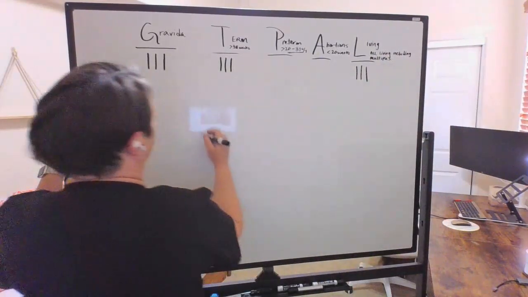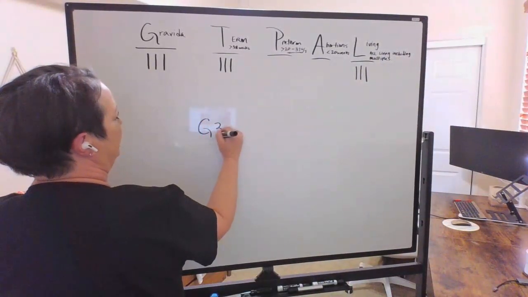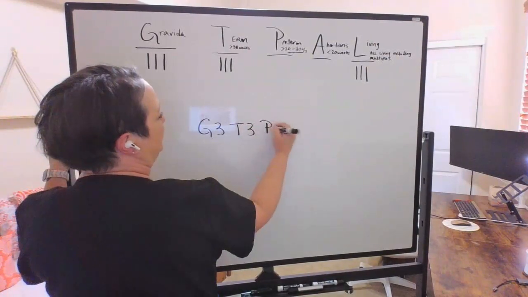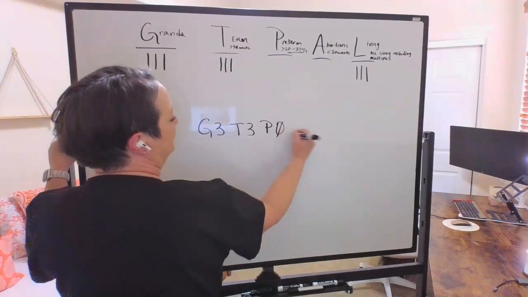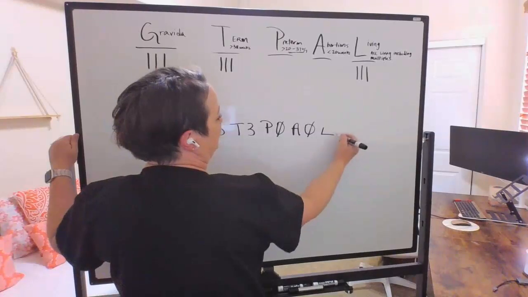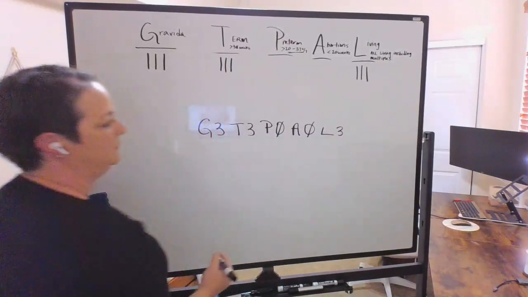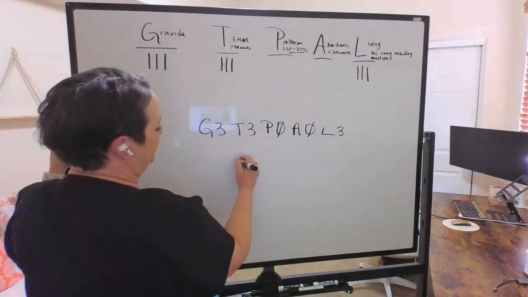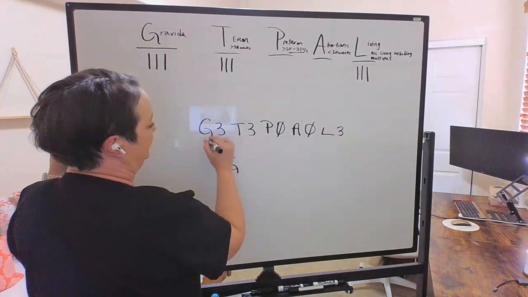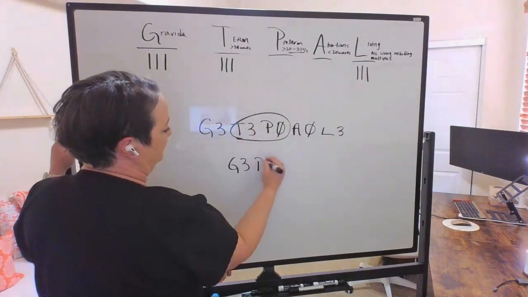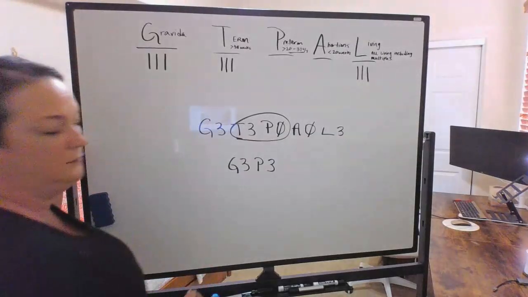So she would be a gravida 3, term 3, preterm 0, abortions 0, living children 3. In the G's and P's form, she's a gravida 3, para 3.